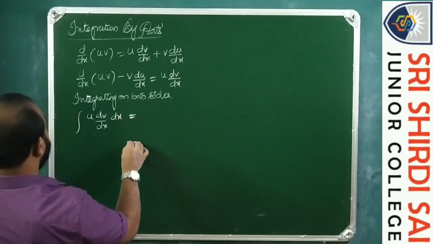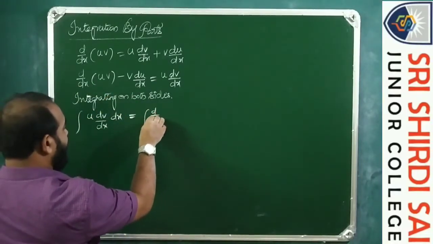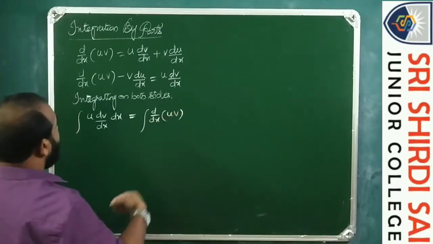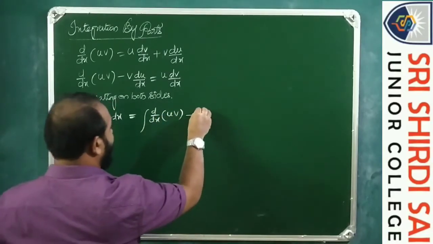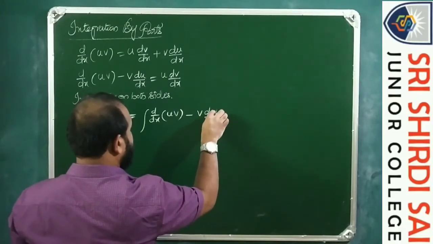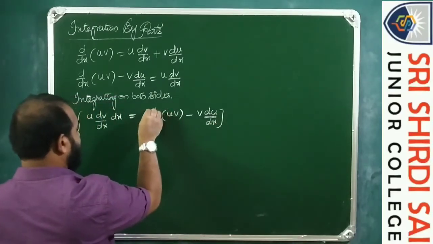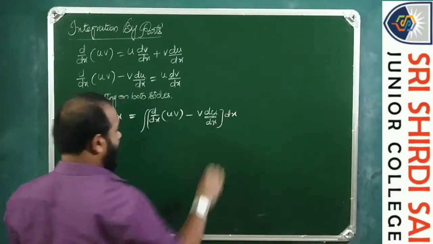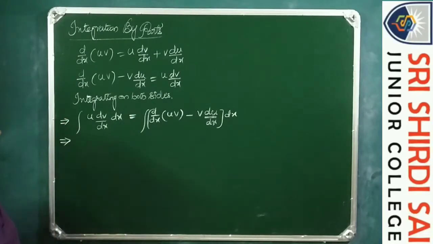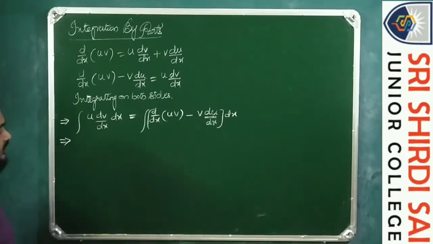So this is equal to the integral of d by dx of uv minus v into du by dx, whole dx.